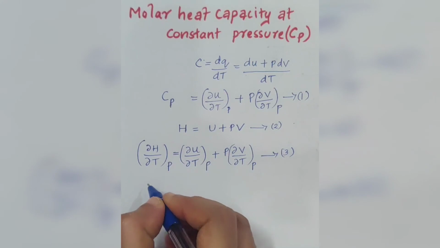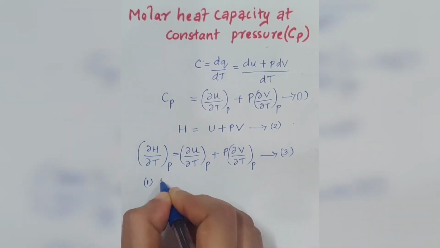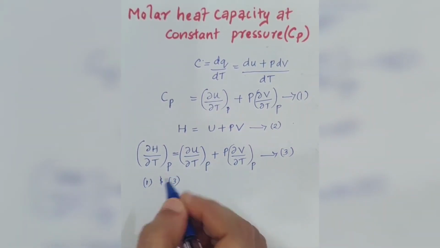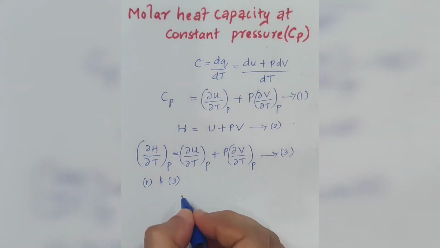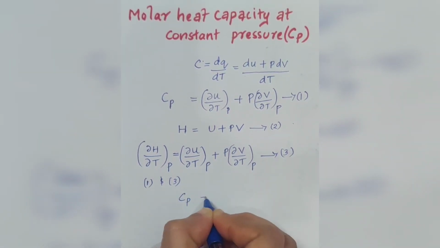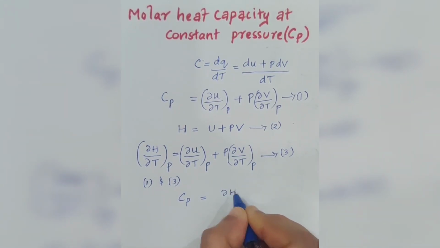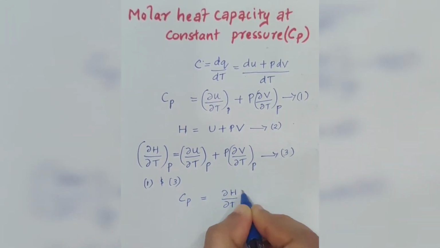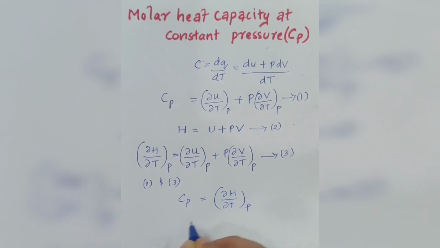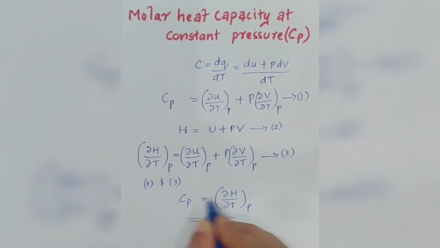From equations 1 and 3, we have Cp is equal to dou H by dou T at constant pressure. Okay, this is the equation for Cp, that is molar heat capacity at constant pressure.